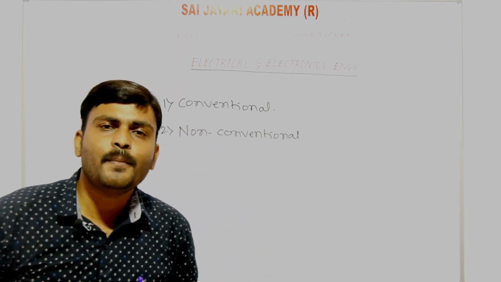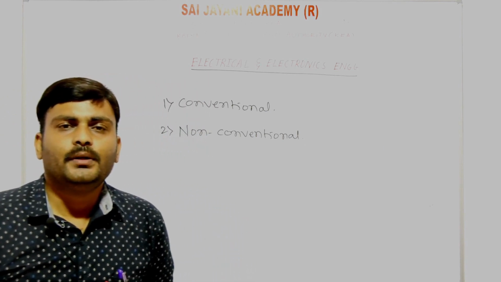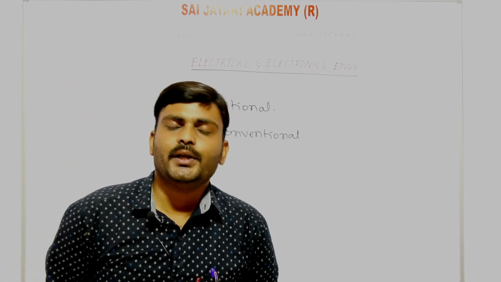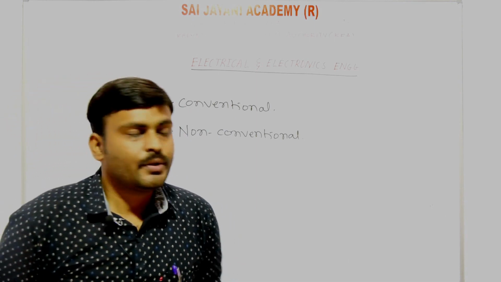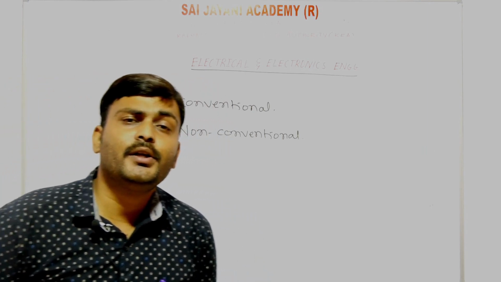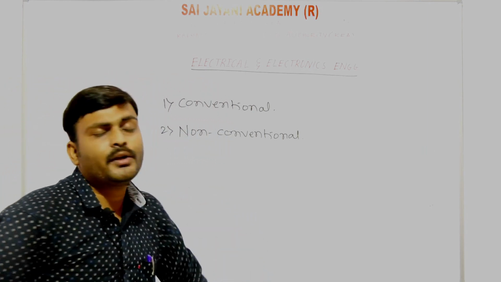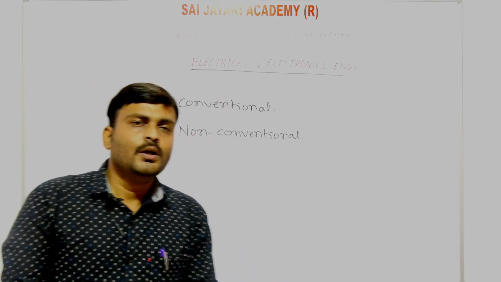Non-conventional energy sources are the solar power plant, wind power plant, geothermal energy. So these are the non-conventional energy sources. Conventional energy sources are the non-renewable energy sources. Non-conventional energy sources are the renewable energy sources.